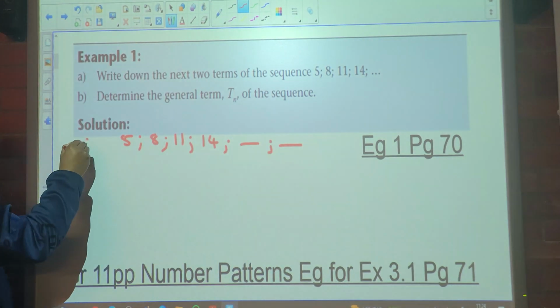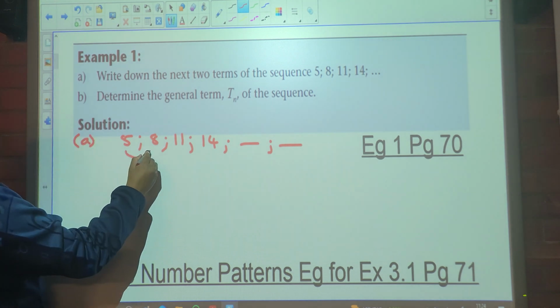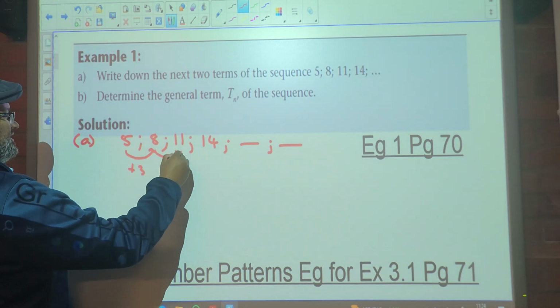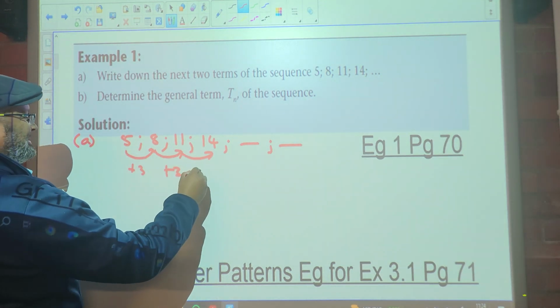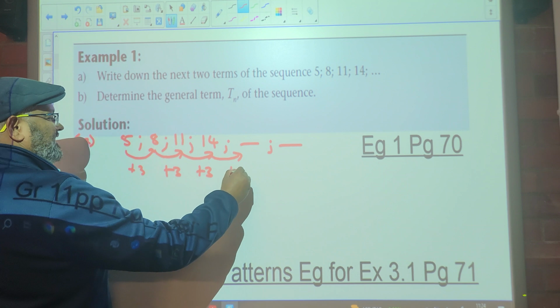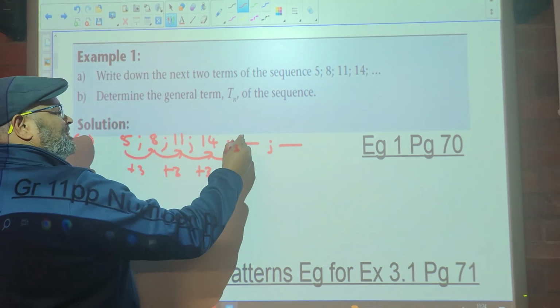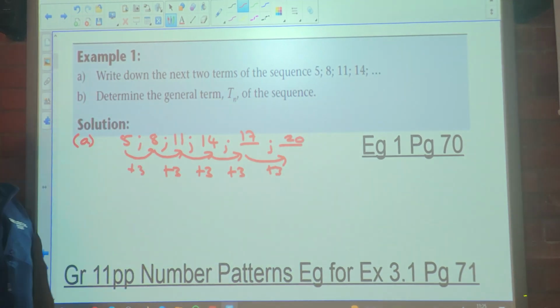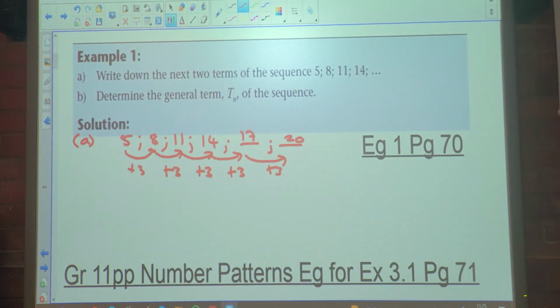So the question we ask ourselves: how do I move from one term to the next? We're adding 3, and then adding 3 again. So I must add 3 again, which is 17. If I add 3 again, I then get 20. So the next two terms are 17 and 20. Is there any confusion there?